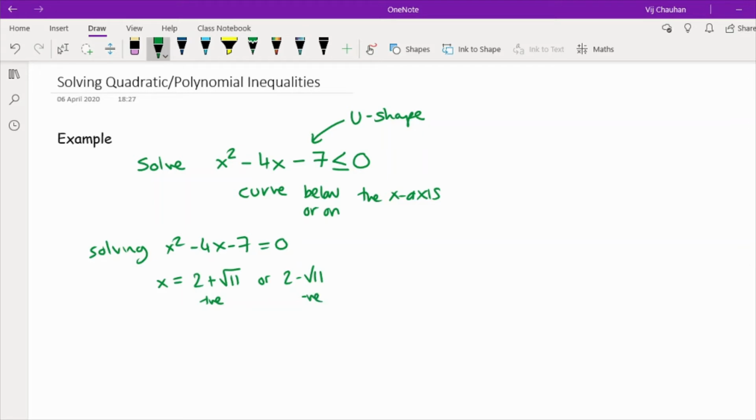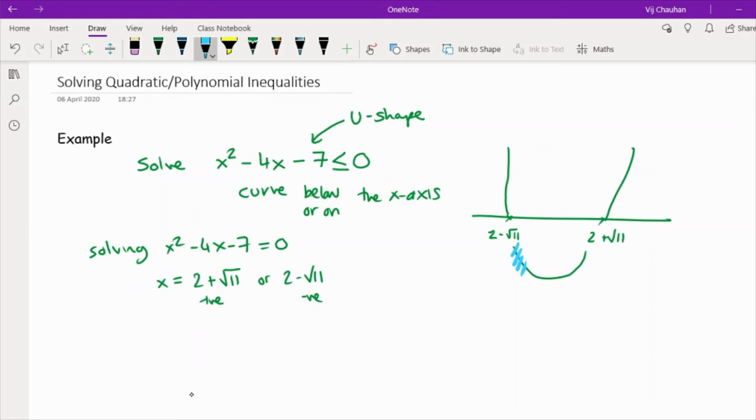So if I then go on to draw a sketch, I could say here is 2 minus root 11, and here is 2 plus root 11. Now I'll be honest, the accuracy of the y-axis here doesn't really need to be true. So all I'm going to do is draw the U-shape of this parabola, and what I'm looking for is where the curve is below the x-axis.